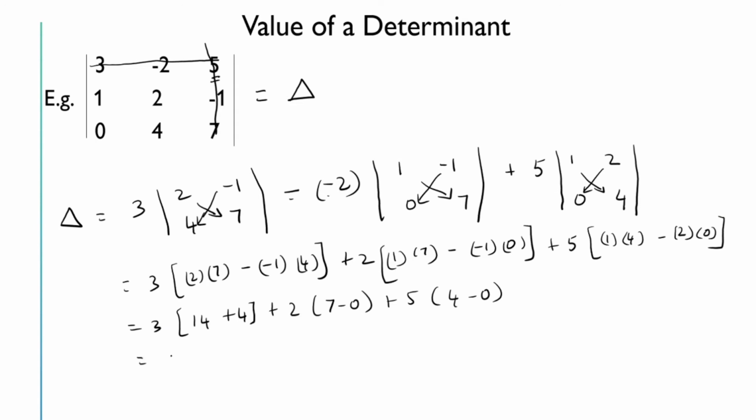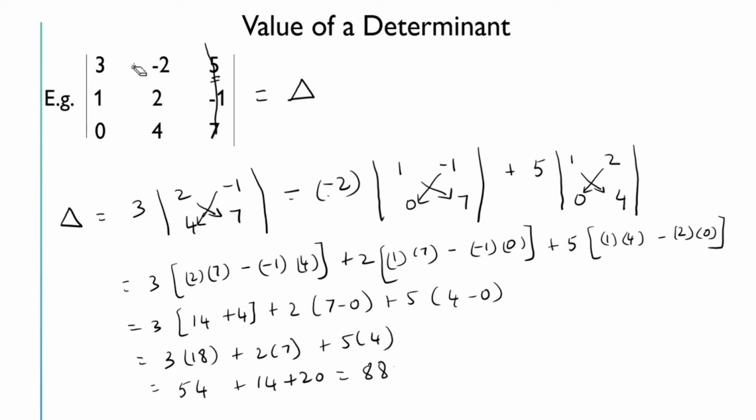So this is equal to 3 into 18 plus 2 into 7 plus 5 into 4, or it is equal to 54 plus 14 plus 20. This is equal to 88. So the value of the given determinant is 88. I hope this is clear.